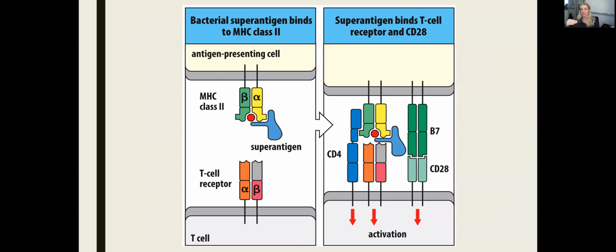So regardless of specificity, the T cells become activated. And then it is pure chaos. This is what we call the cytokine storm. Perhaps you've heard of that in other papers, in other classes, in the news. The cytokine storm is what results when we have overactivation of lots of T cells producing lots of inflammatory cytokines.